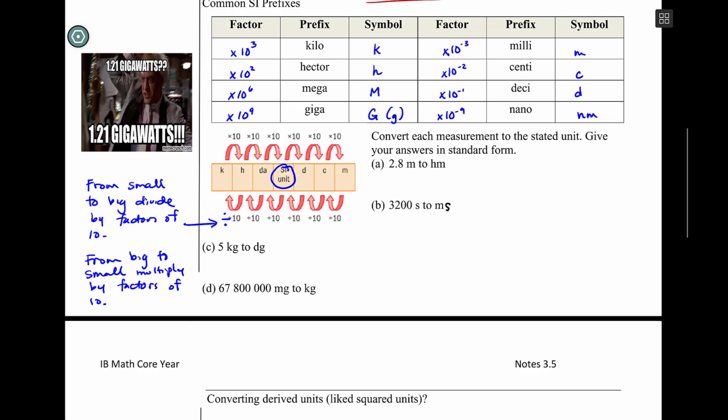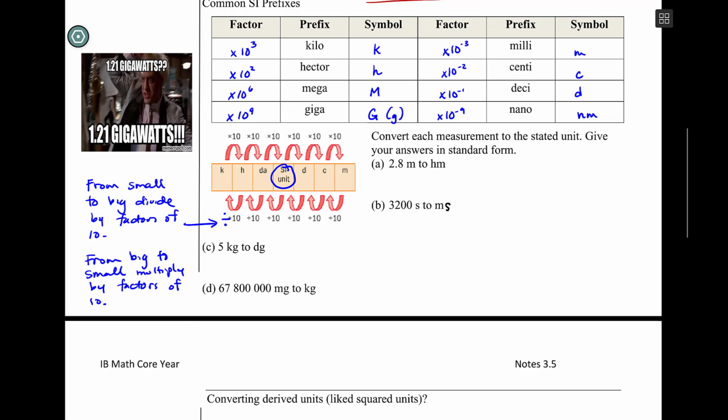When you are going from a big unit of measurement to a smaller one, there are a lot more of those smaller units inside that bigger unit. So we actually have to include more units. So going from big to small, we want to multiply, right? There are a lot more meters in 1 kilometer, so we have to make the actual number larger.